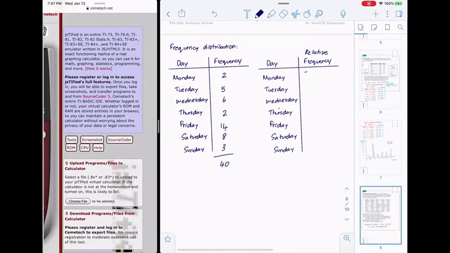So we have 2 over 40, which would be 0.05, 5 over 40, 0.125, 6 over 40, it's 0.15, is it 0.15?